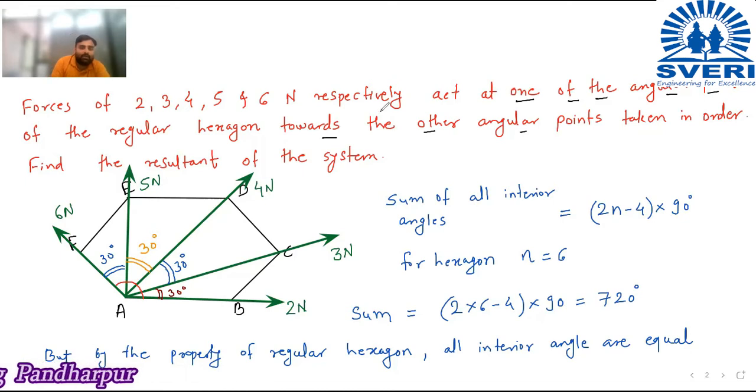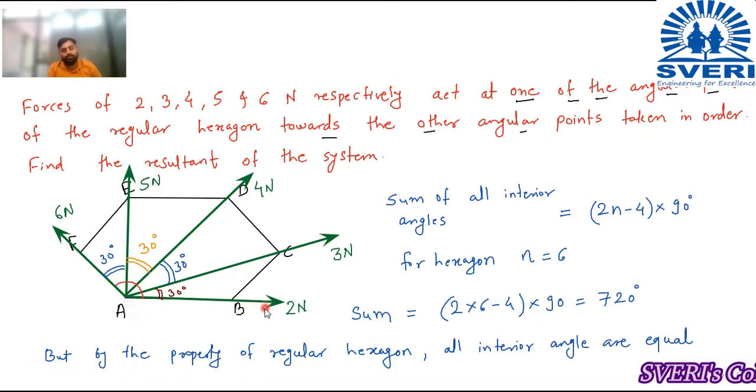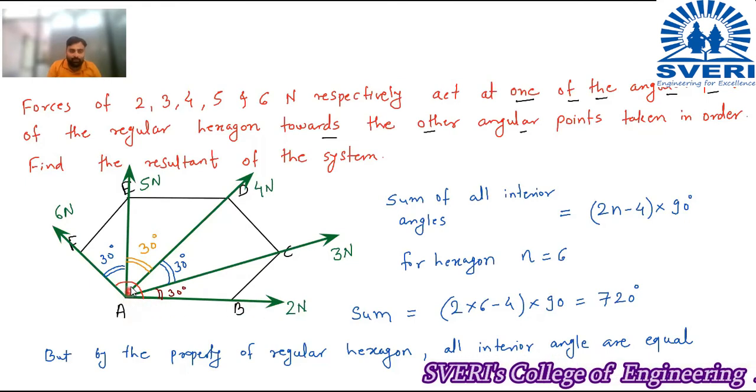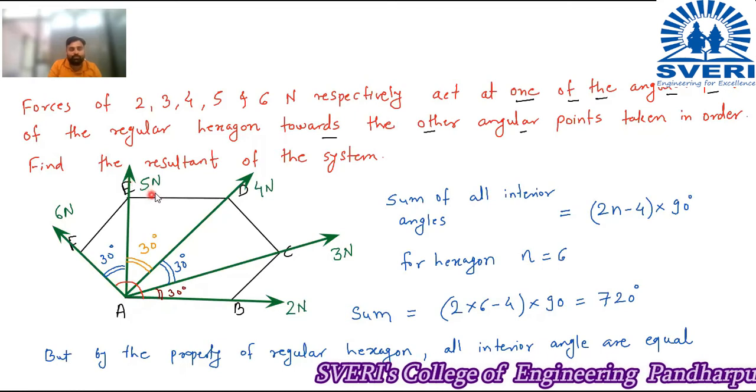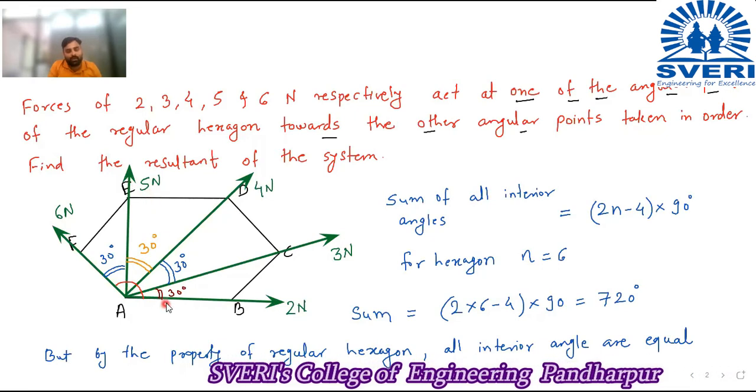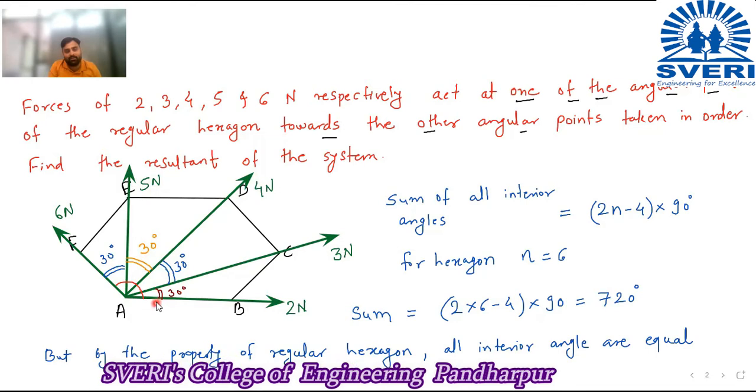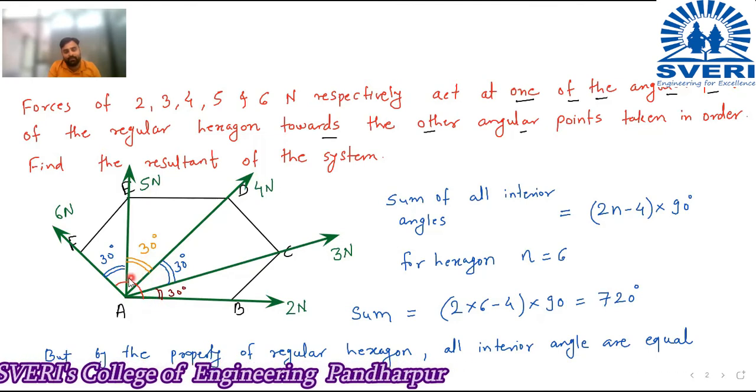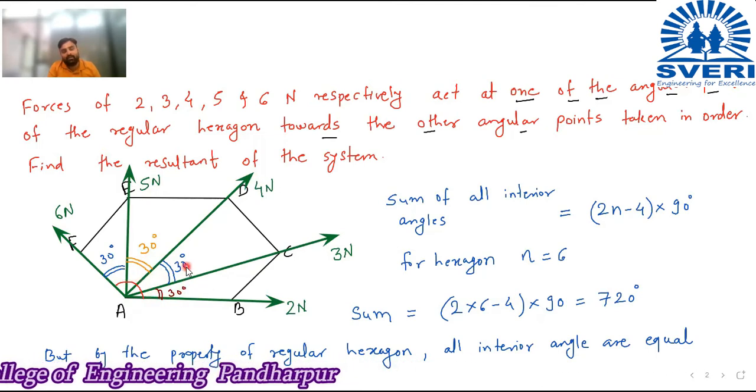Now see a trick here: this 2 kilonewton force is the horizontal force, so there is no need to resolve this. If you think about this 5 Newton force, you can see 30 plus 30 plus 30. So this angle is 90 degree. 30 plus 30, 60, 60 plus 30, 90.